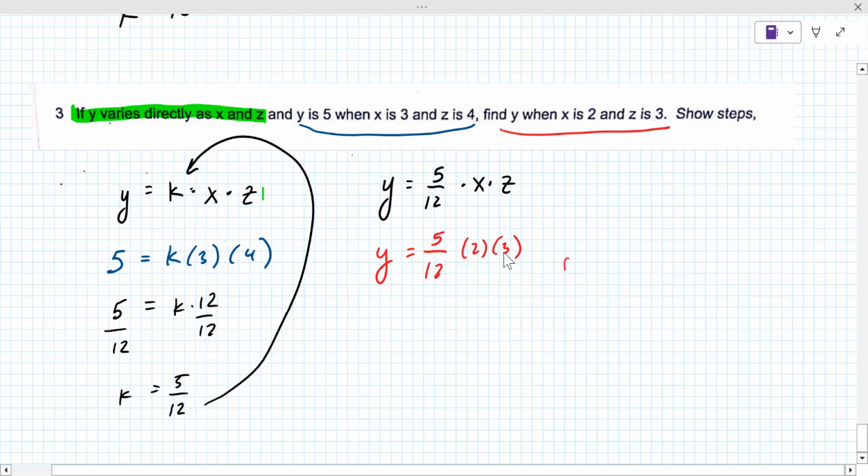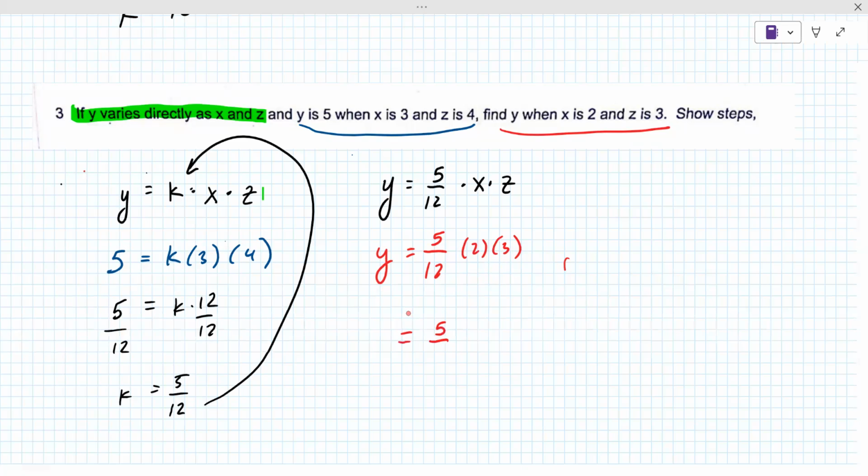So you have to take 2 times 3 is 6. Goes into 12. Looks like your final answer here is 5 over 2. Right, I got that.